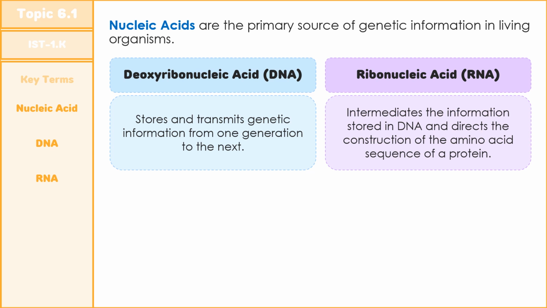Now, the majority of life contains their genetic information within DNA, or deoxyribonucleic acid, whose primary focus and goal is to store and transmit this genetic information from one generation to the next.